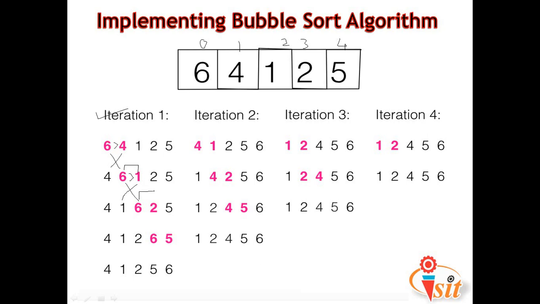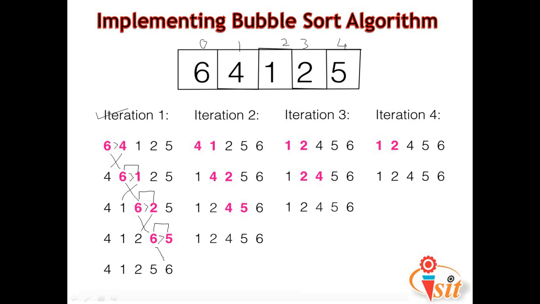Now the next comparison, that is 6 and 2. 6 is compared with 2. The first element, that is 6, is greater than the second element, that is 2. In that case again we need to do the swap. So 2 comes here, 6 comes here. Again 6 is compared with 5. Here the first element 6 is greater than the second element 5.